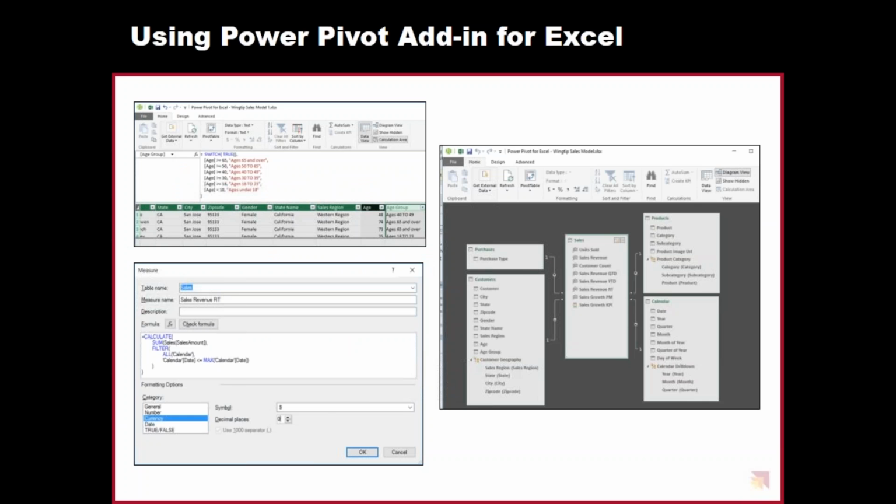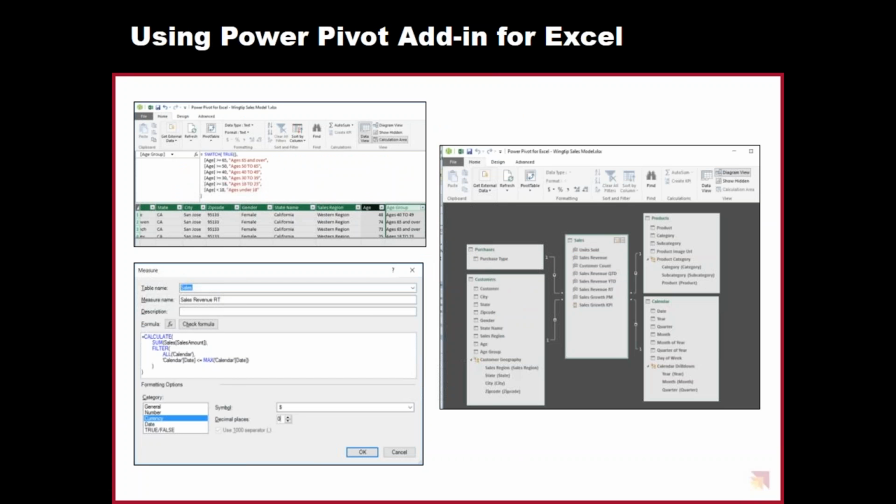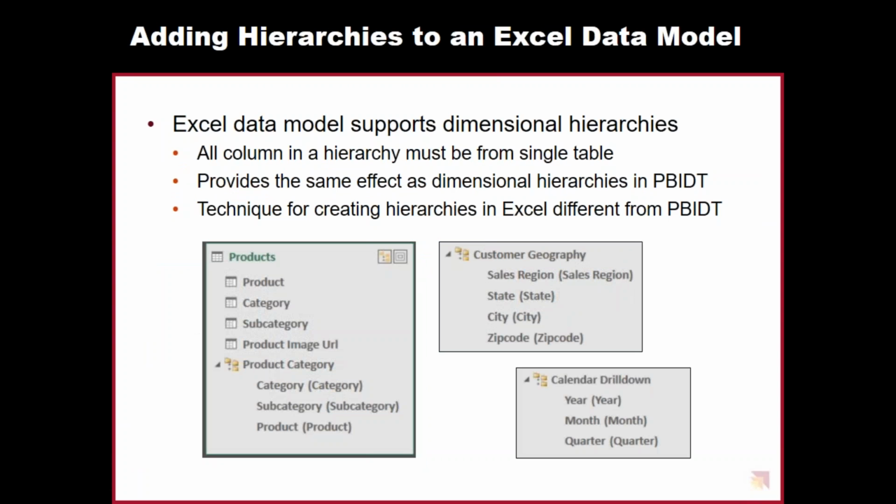Let's go back, and we've just looked at various parts of this. I also want to look at hierarchies. So adding dimensional hierarchies to a data model gets to be an important thing.